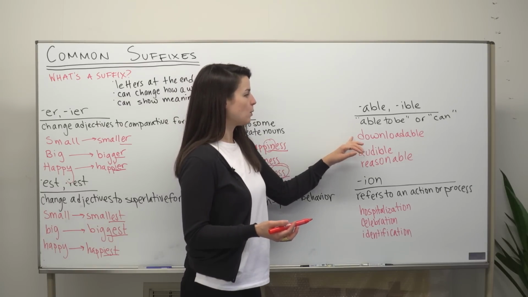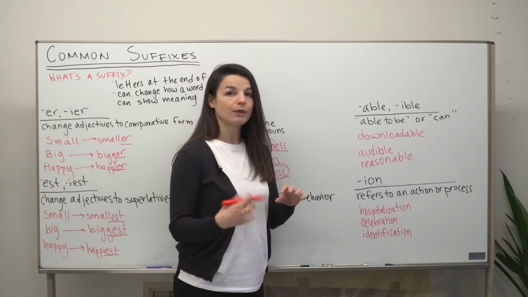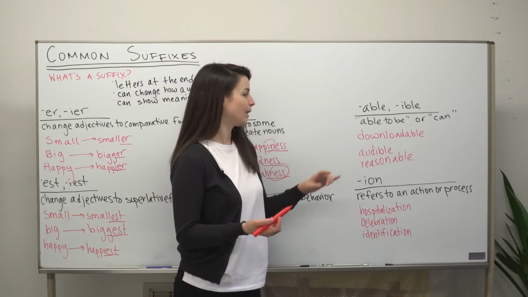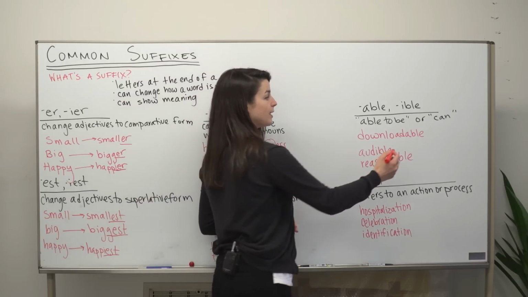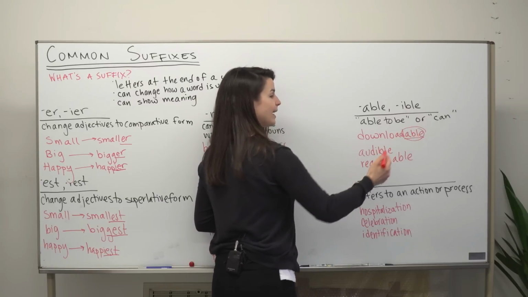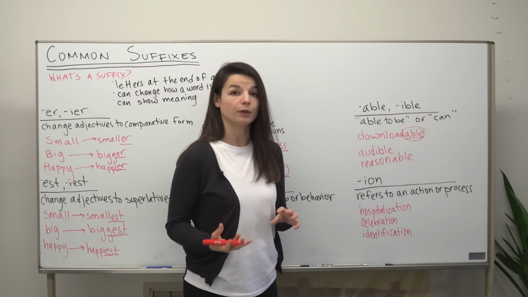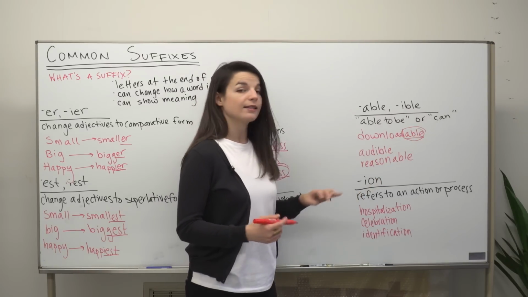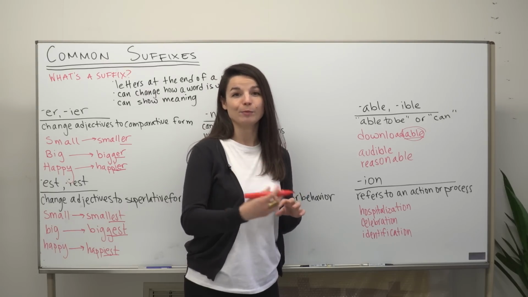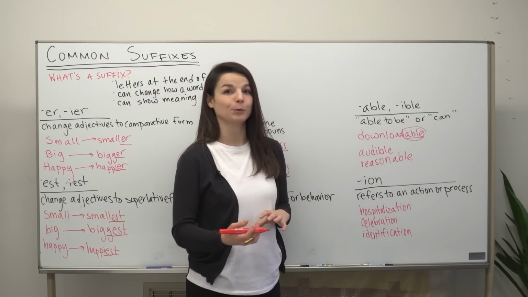So these show that the root is something that we can do, or it is possible to do. Examples of this, the word downloadable. So the suffix here is able, meaning able to be or can, and the root is download. So this means something which can be downloaded, downloadable.